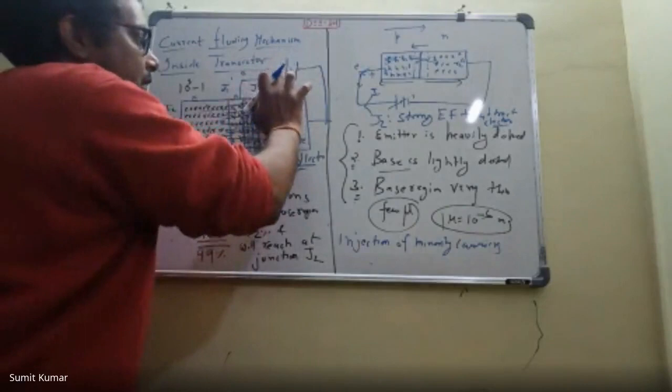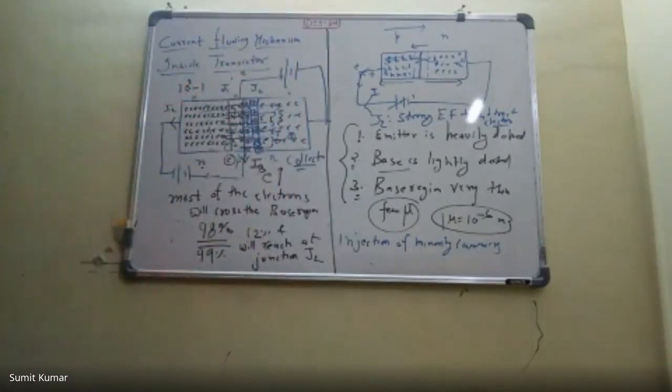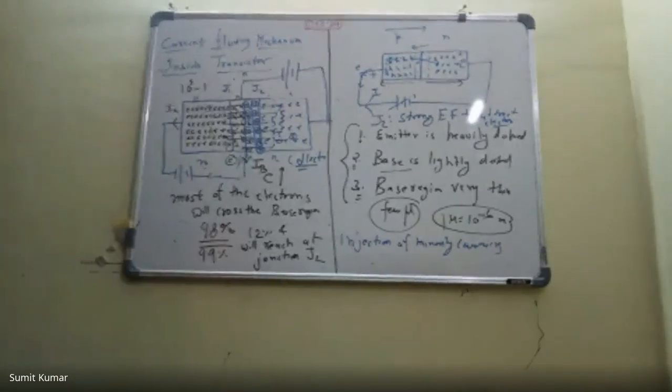Here we have created the reverse biasing. So this is the current flowing mechanism inside the transistor.